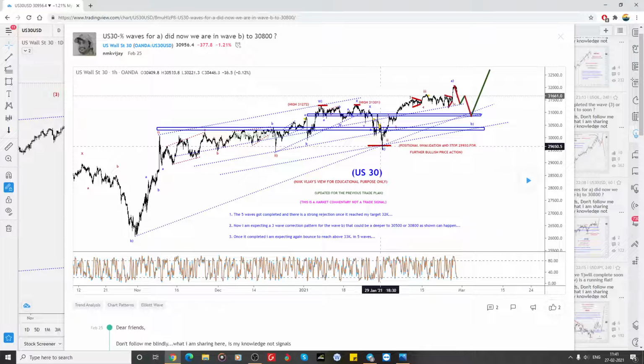So what I thought is, if this is a W, this is an X, A, B, C, and for the third wave I'm looking for, it looks like a diagonal pattern. So this ABC is a 1. So A, B, and C is a 2. So A, B, C is a W, and again X. So the 5-wave structure may be an A, after the 3-wave structure B, and then we are looking for that C toward 32,000.